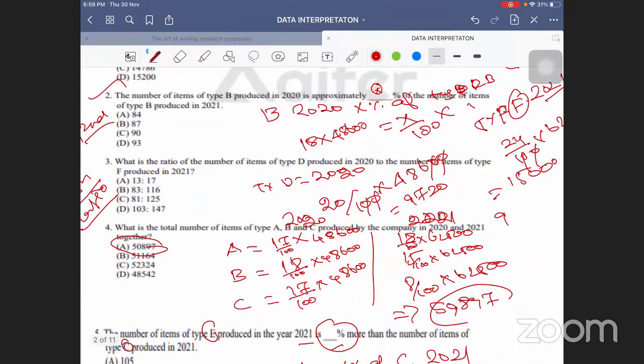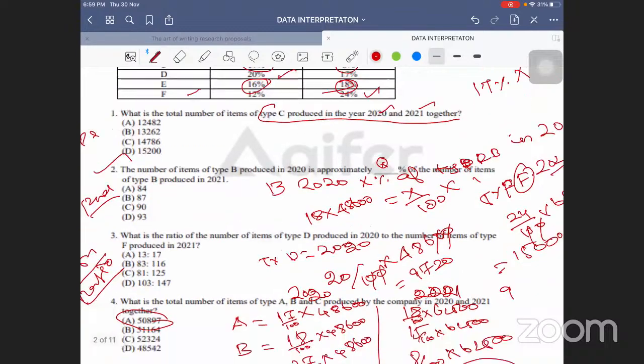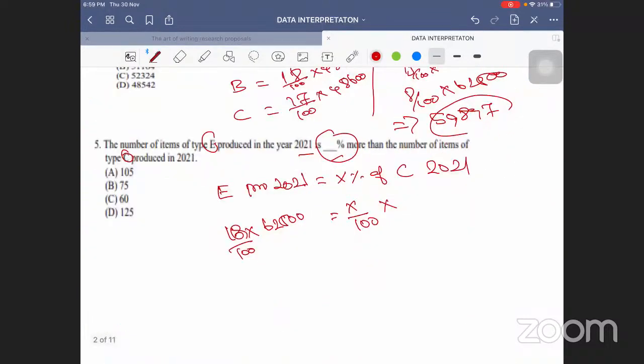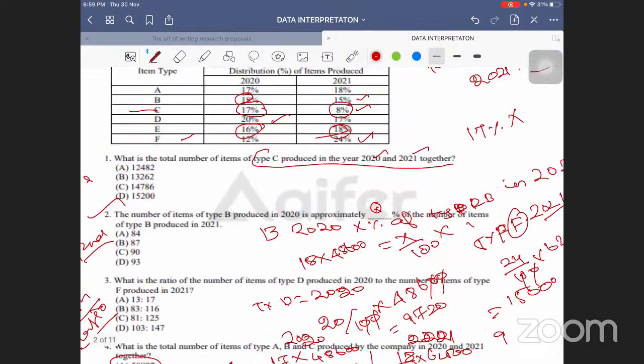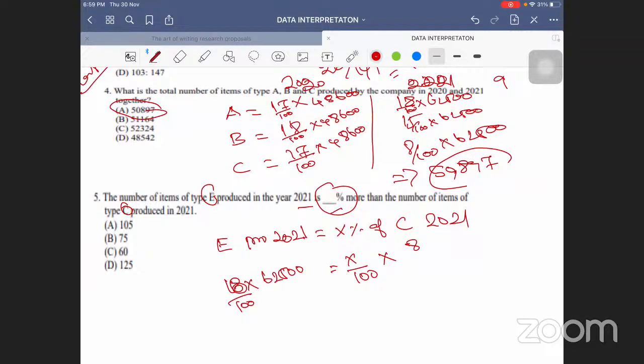Sorry, the E percentage is 18 in 2021. So 8 divided by 100 into 6,250. They're asking both for 2021. So the 2021 total production is 6,250, so we cancel.